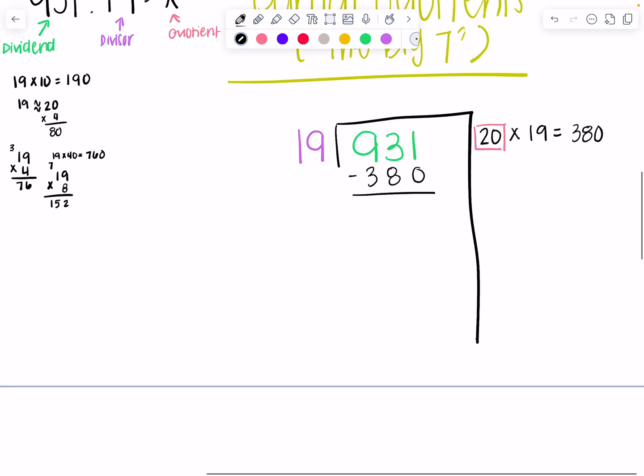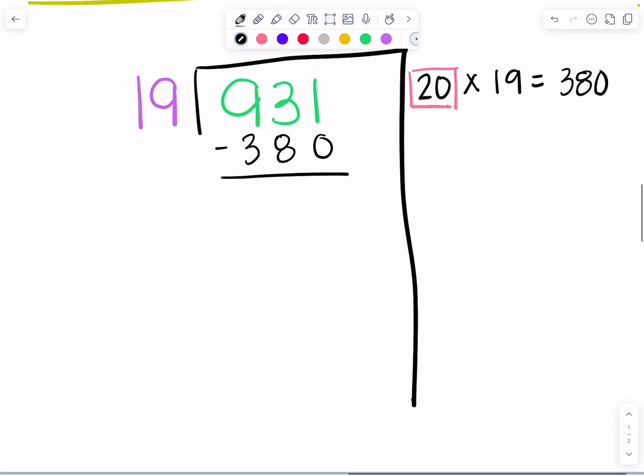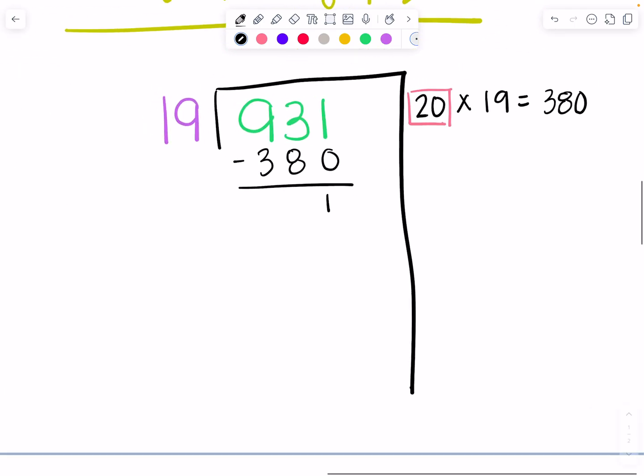And I'm going to subtract. 1 minus 0 is 1. I cannot do 3 minus 8, so I have to regroup. 13 minus 8, however, I can do. I would get 5. 8 minus 3 is 5. So 551. I can do 20 times 19 again.